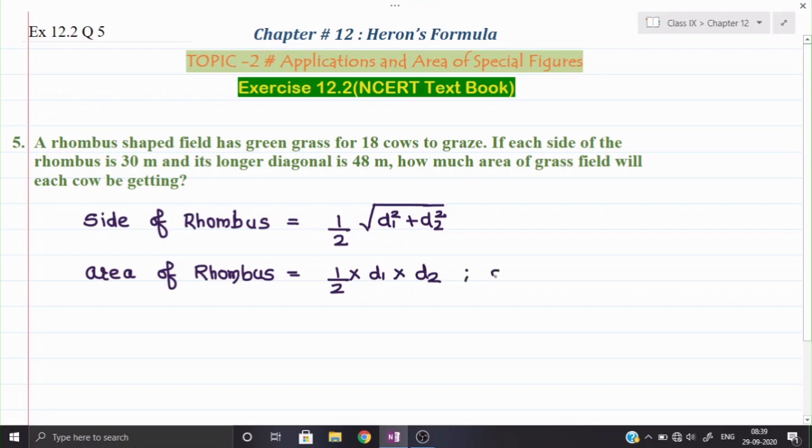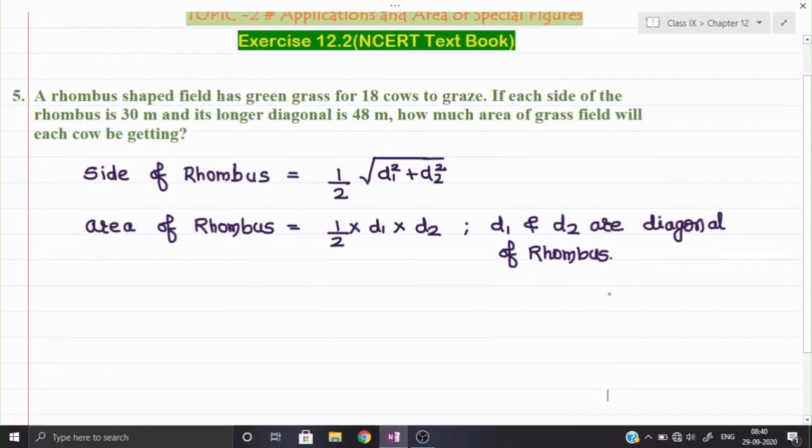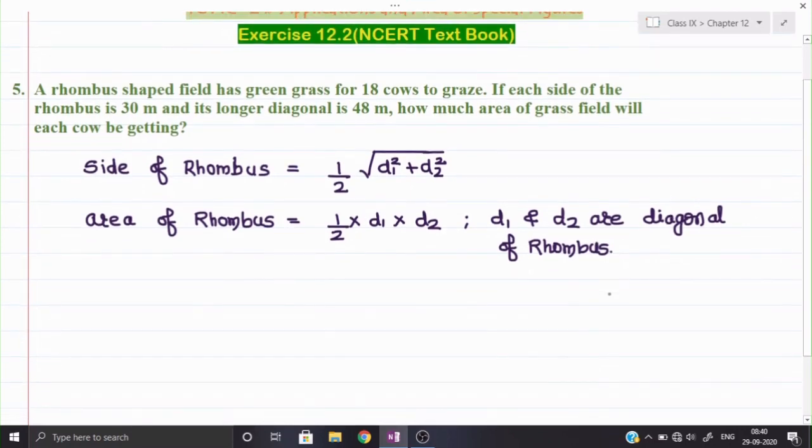Here what is d1 and d2? d1 and d2 are diagonal of rhombus. Diagonal, you know it, when two opposite vertices we join, the line formed is called the diagonal. Diagonal of rhombus. In the first formula also d1 d2, and second formula also the d1 d2 are the diagonal of the rhombus. Now see, with the help of this how easily we can find out the answer.